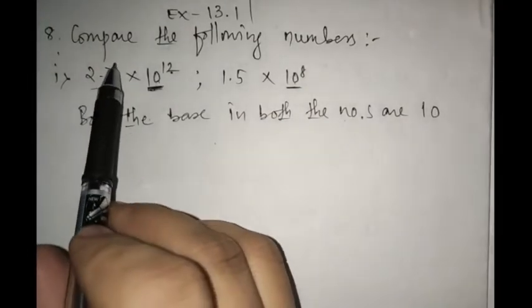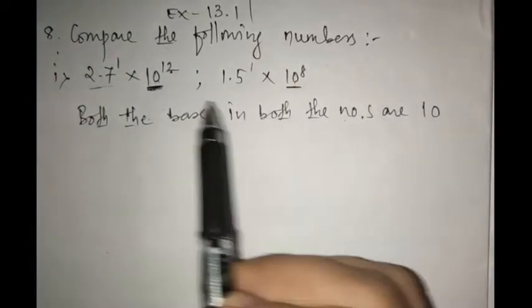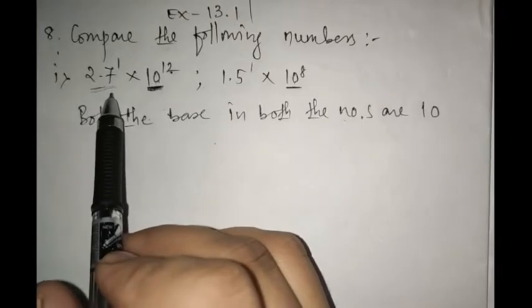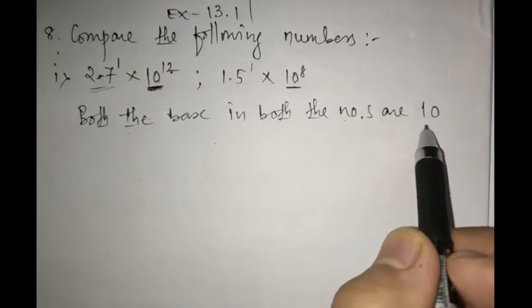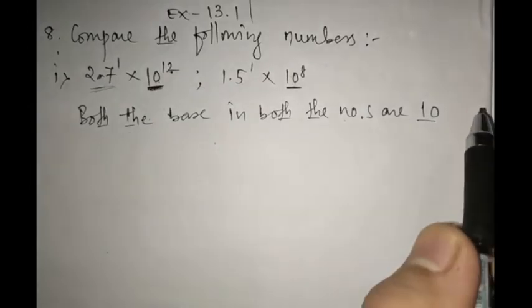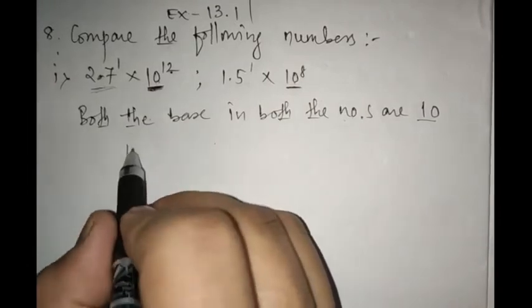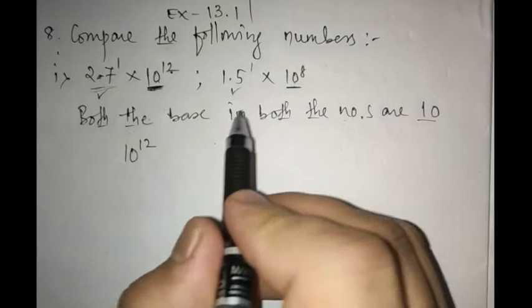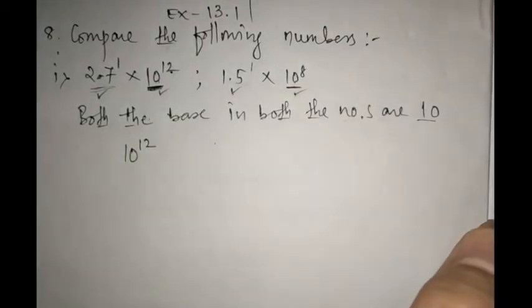We can consider it, we may write 1 here, but there is no exponent, so we'll just consider this as a decimal number because there is a decimal point. So both the bases are 10. So in between these two, we will just keep these two numbers aside, and we will just compare the exponents, whatever the number it has.